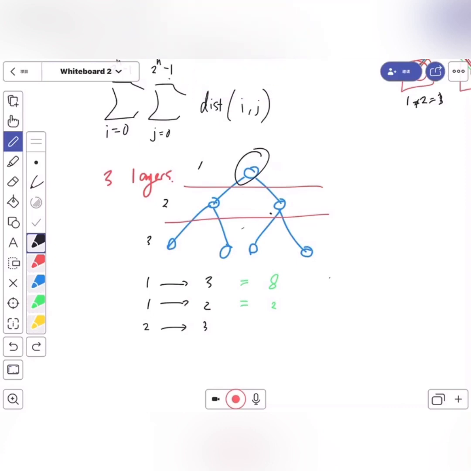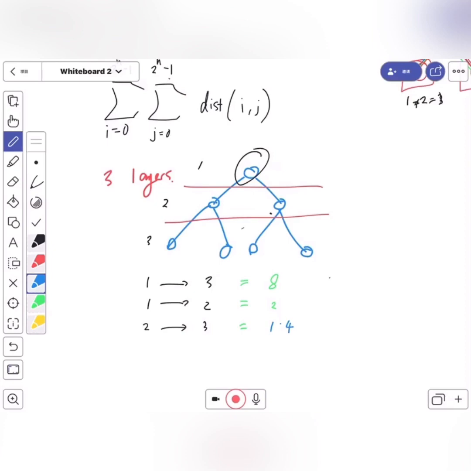So from 2 to 3, that will just be 1 step for each of them. So 1 step for each of them, and times 4.